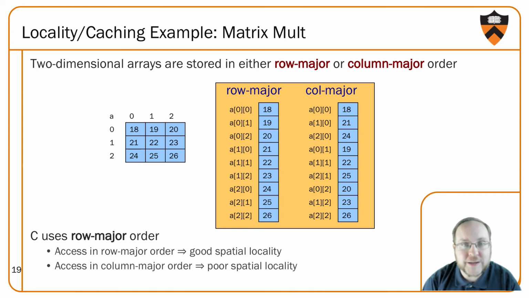That's spatial locality. Contrast where if the expression a of ij appears in a loop over a column, you're going to be jumping. So here you might jump from 18, then 21, then 24.